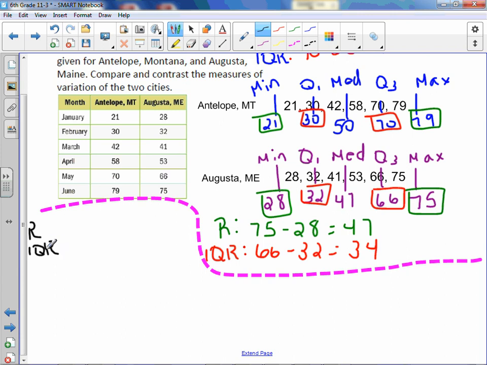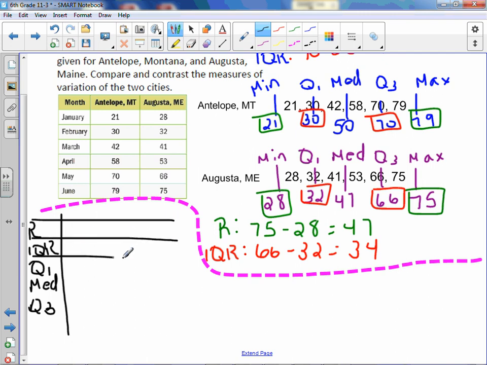We have quartile 1, our median, and quartile 3. And we have this for Montana, and we have this for Maine.